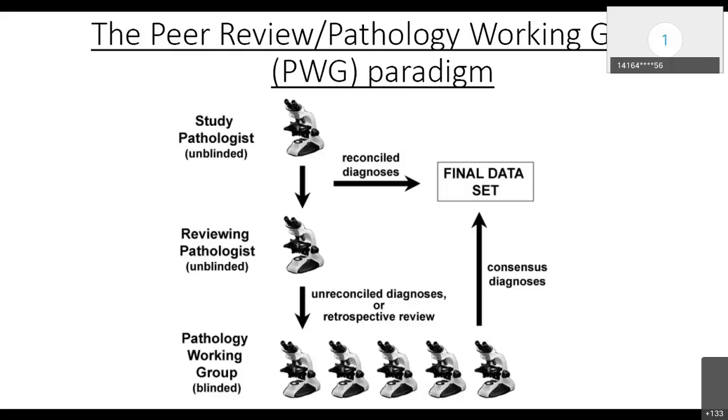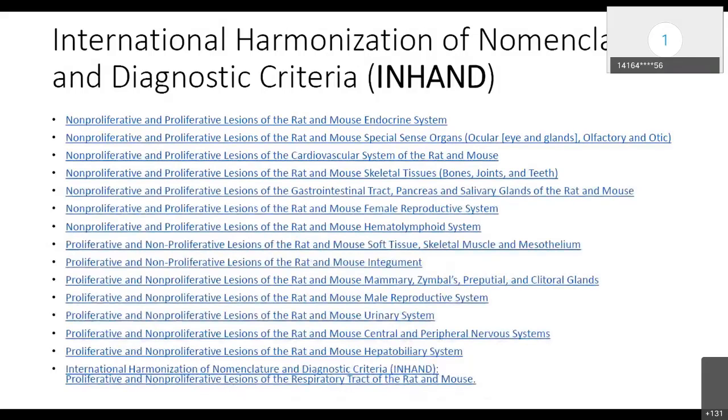So it is a panel of experts who would examine the slides in a blinded way, and they give their consensus diagnosis. So after that is done, then the final data set is generated. So there may be instances that peer review pathologists and study pathologists do not agree with each other, and in those cases, a panel of pathologists has to be appointed. But this situation comes very rarely.